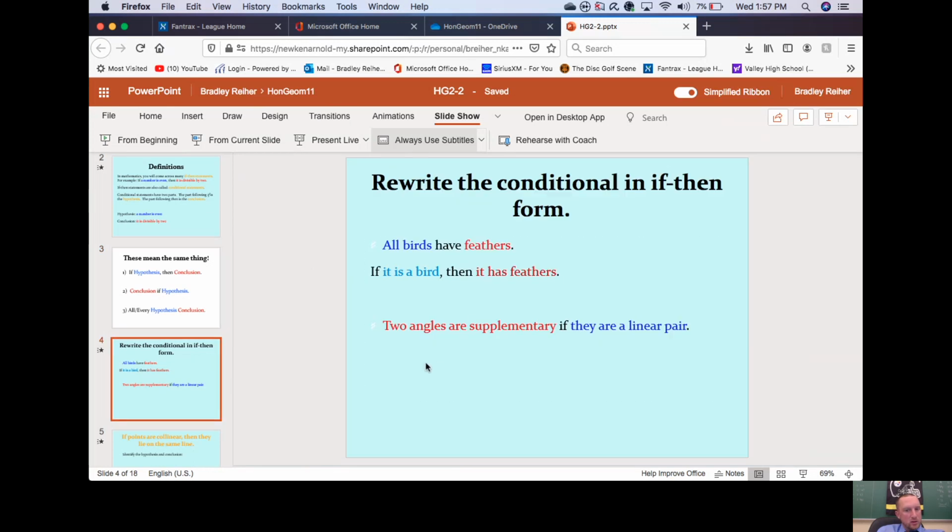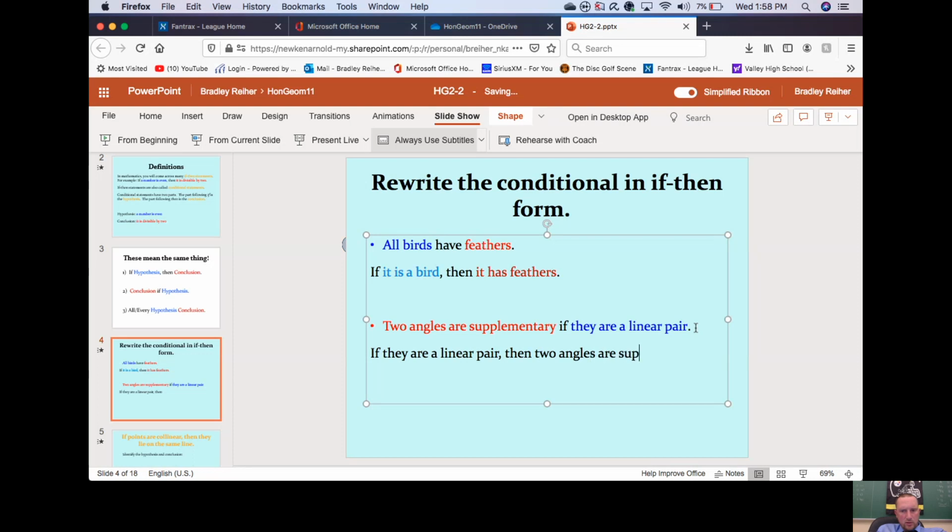So we need to switch it. We're going to put if first. They are a linear pair. Then two angles are supplementary.